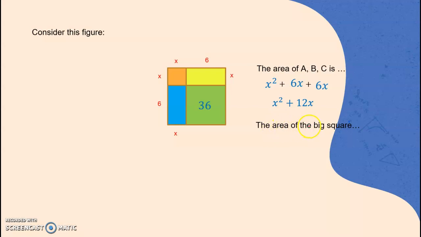Now, what about the area of the bigger square? The whole square ba? Yung bigger square is yung green, right? 36. What about the area of the whole square? Ito yung total na niya. So basically, you have to add everything: x squared plus 6x plus 6x plus yung last na in-add natin na figure, which is the D, which is 36. Pag in-add mo yan, ang lalabas ay x squared plus 12x plus 36.